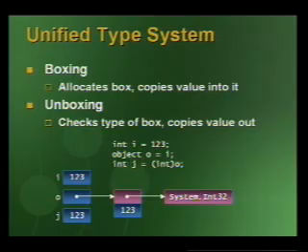So it allocates on the heap an object, puts the value into it, and tags the object with the type of the variable. So here, what I end up with is a little object on the heap that contains the value 123 and dynamically says I am an int. So it in a sense has a v-table that says I'm an int.